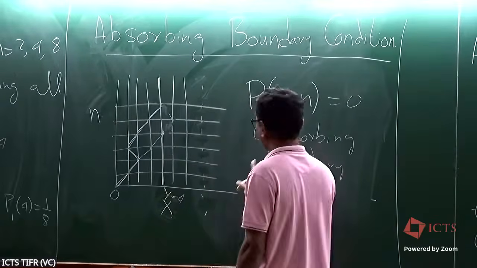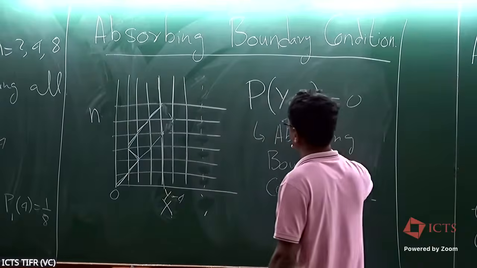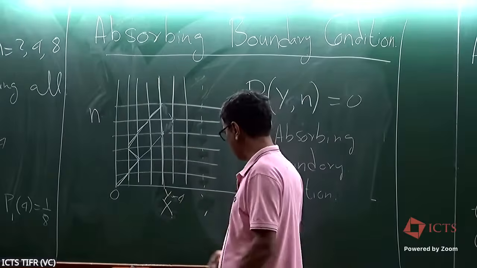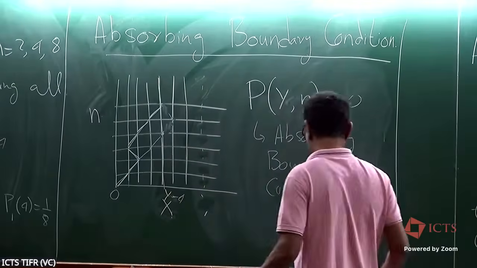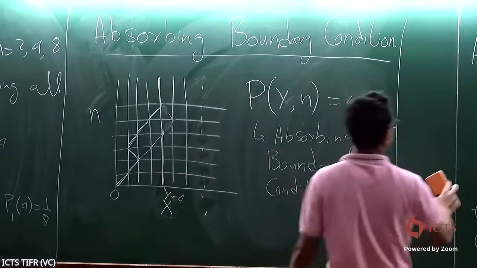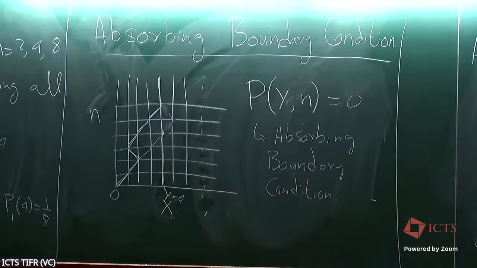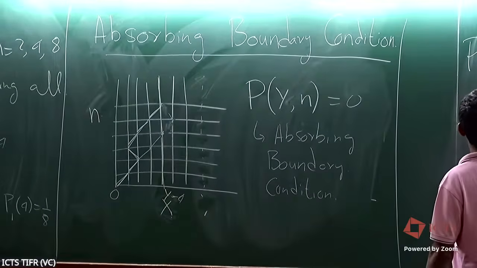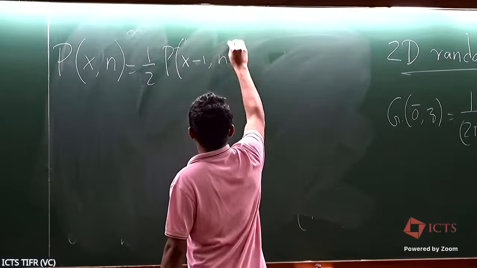So why is this condition sufficient to ensure that paths end here? We can see that if we write the equation of motion. The equation for a random walk is p of x at n.